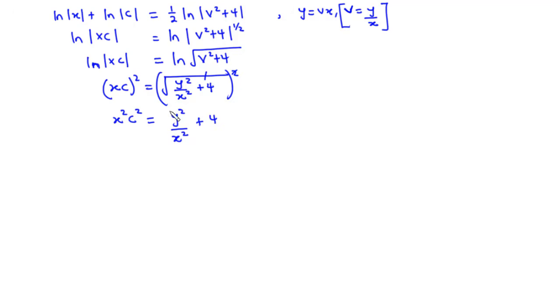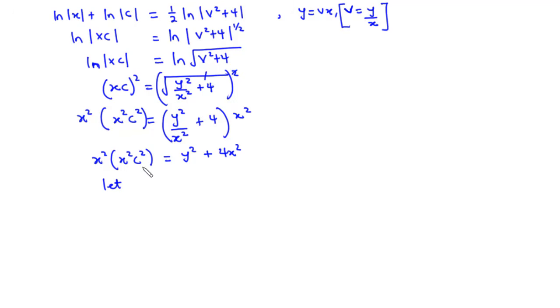Now since we have the denominator of this fraction to be x squared, let's multiply both sides of the equation by x squared. So this becomes x squared times x squared c squared equals, we multiply x squared across, x squared cancels out x squared, so we have y squared plus 4 times x squared, so 4x squared. Now at this point c squared is a constant.